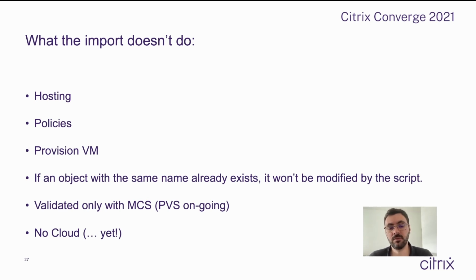It doesn't provision VMs, of course, because I don't want to create 1000 VMs on your hosting while your Citrix site already has 1000 VMs running, so I don't want to crash your production environment. And if an object with the same name already exists, it won't be modified by the script. For now, it's only validated with MCS, PVS is ongoing, and it doesn't do any cloud yet.